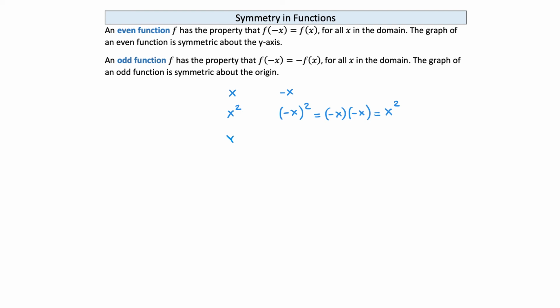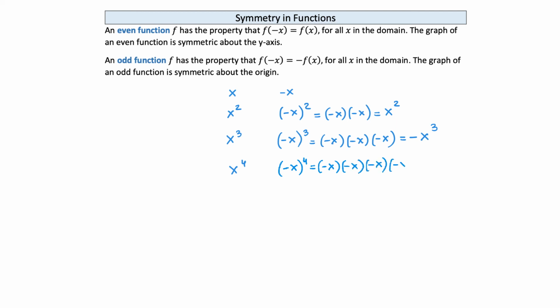Now let's have the expression x to the power of 3. In this case, if we replace x with negative x, we will have, in parentheses, negative x to the power of 3, which makes negative x times negative x times negative x. Negative times negative times negative will be negative x to the power of 3. So in this case, when we replace x with negative x, the result will be negative. Let's continue with x to the power of 4. So we will replace x with negative x, and we will have negative x times negative x times negative x times negative x.